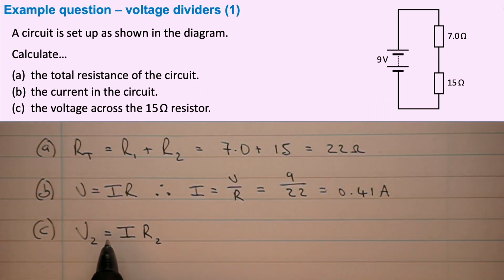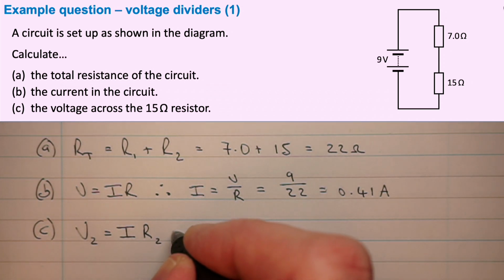This is just Ohm's law again. V is IR. The voltage across the 7 ohm resistor, if I'm calling it R1, would be V1 is I times R1. But in this case, I want the voltage across the bottom resistor in the voltage divider, R2, which I'm calling V2. So V2 is I times R2.